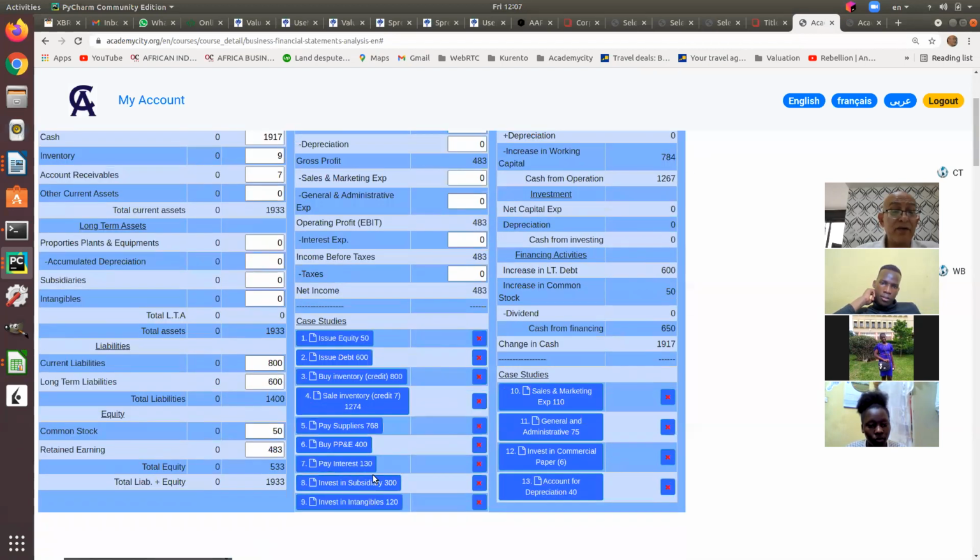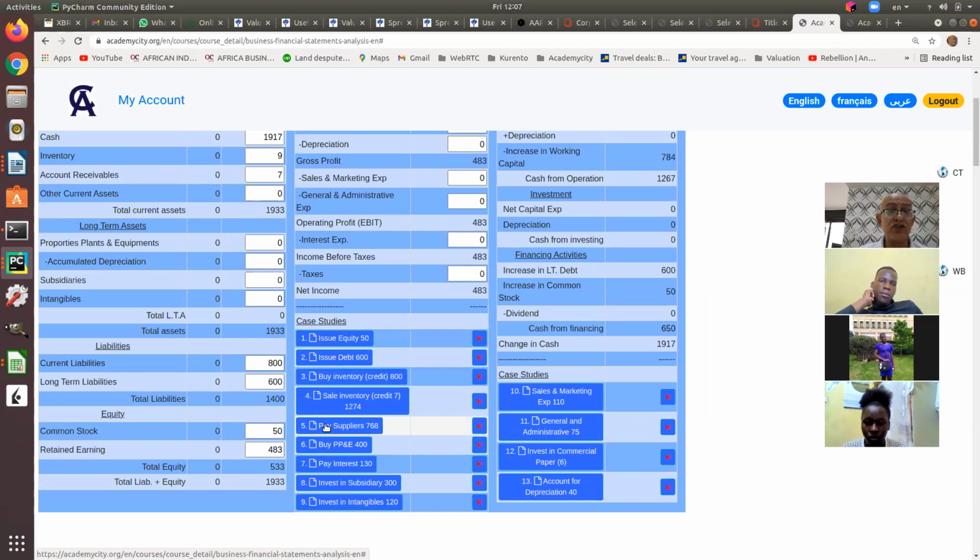And that profit belongs to the equity owners. So this number always comes from here. We will see a slight change in the future when we get to the dividend, but for now, this number will always equal this number. Equality, yes, 1933, 1933. Transaction number 5, we paid the supplier.